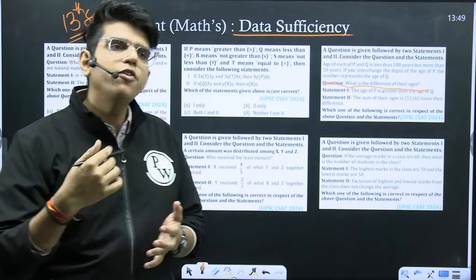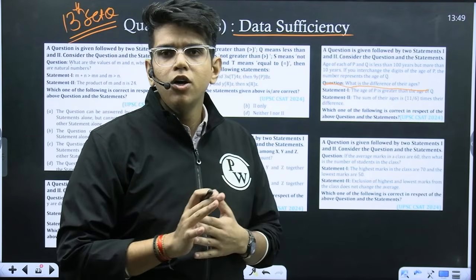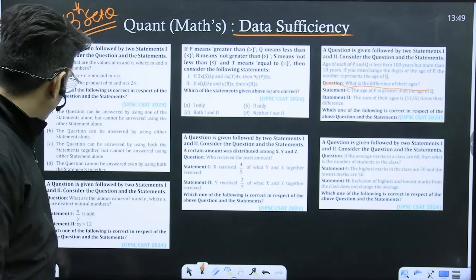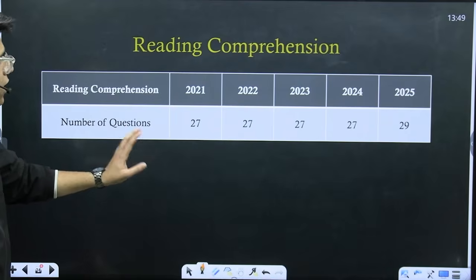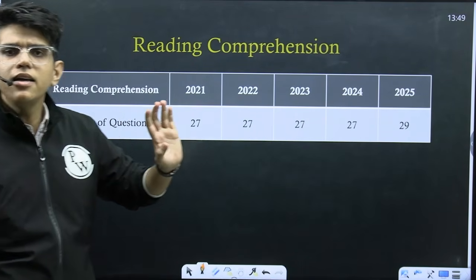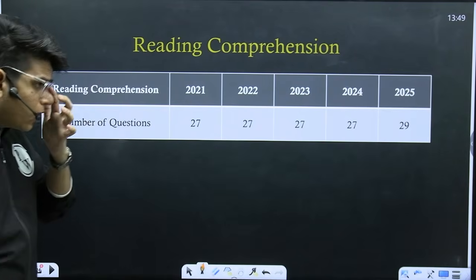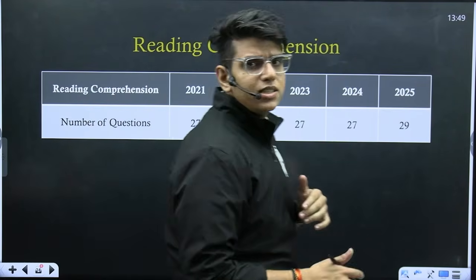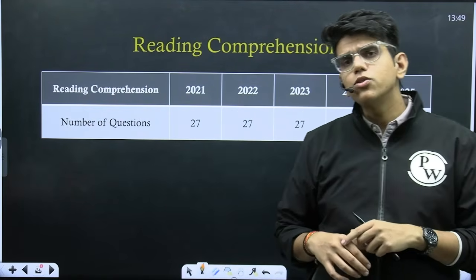Okay. Now we will move to the third most easy, which one is reading comprehension? Every year you are getting 27, 27, 27, 27, 29 questions from reading comprehension. Now within reading comprehension, the questions are divided into 5 or 6 types. What are those types?